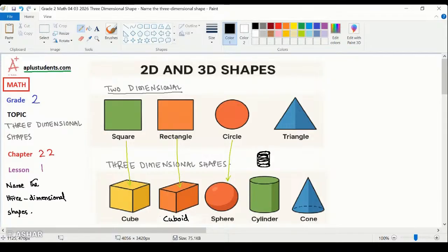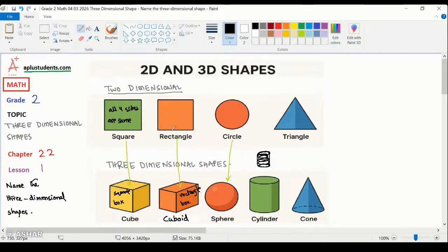This is a square box, and a cuboid is a rectangle box. The difference between a square and a rectangle was that all four sides are the same in a square, right?